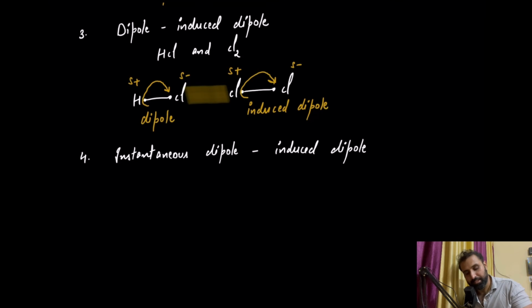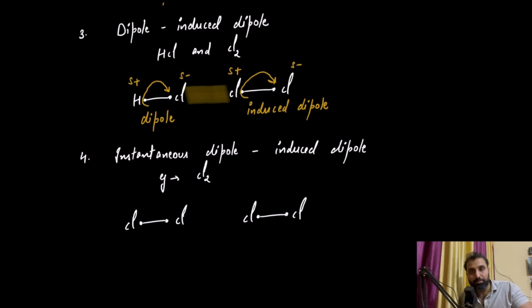And for this case, I am taking the example of only Cl2 molecules, and I am taking two Cl2 molecules as an example. So that's my first chlorine molecule and that's the second chlorine molecule.